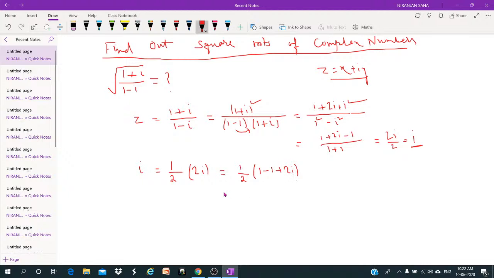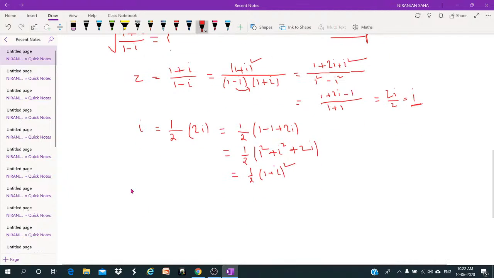Further, this is 1 by 2 into 1 square plus iota square plus 2 iota, which is 1 by 2 into 1 plus iota whole square.